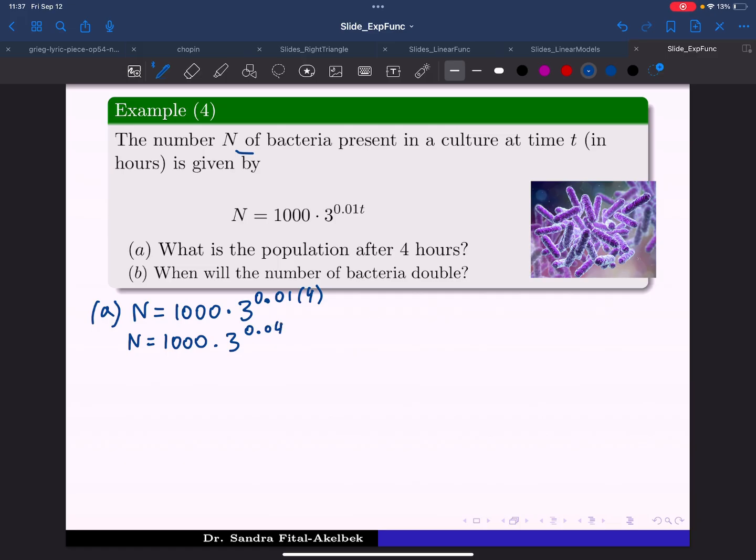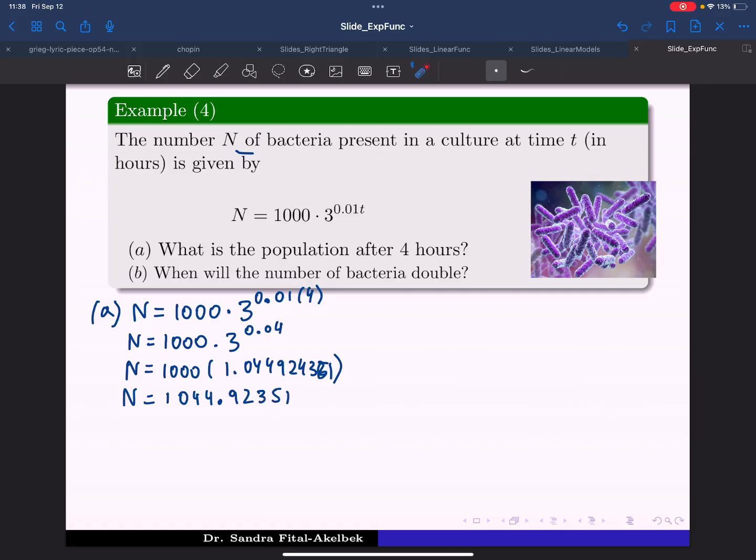And then we punch it in the calculator and I'm getting 1.04492351 times 1000. You can type everything on the calculator. That should give us 1044.92351.